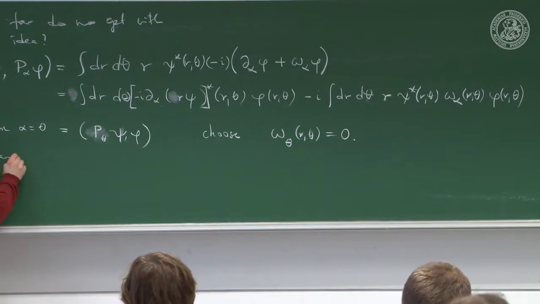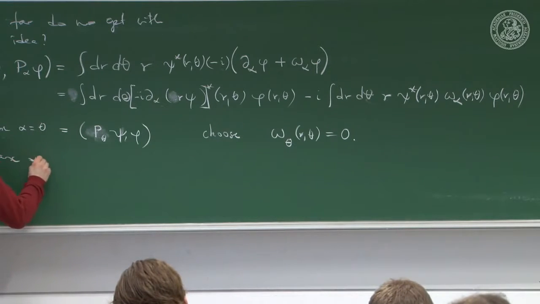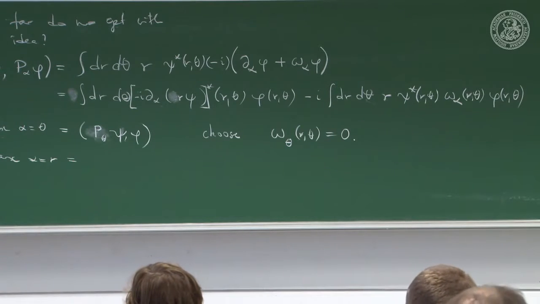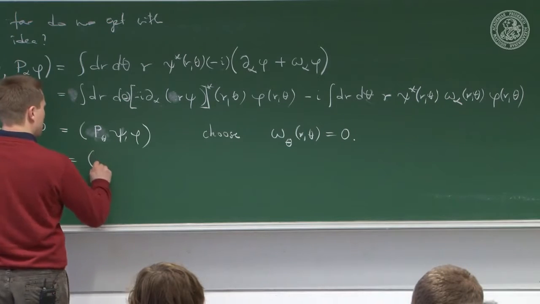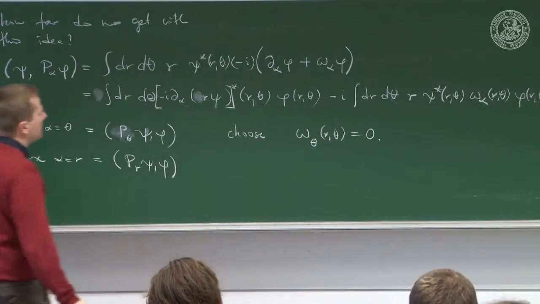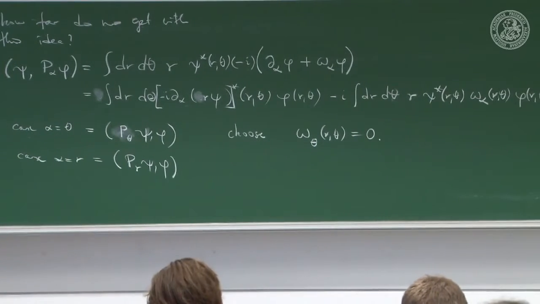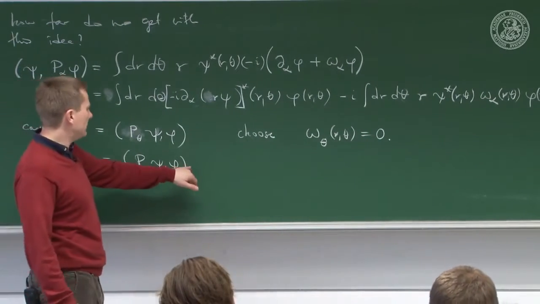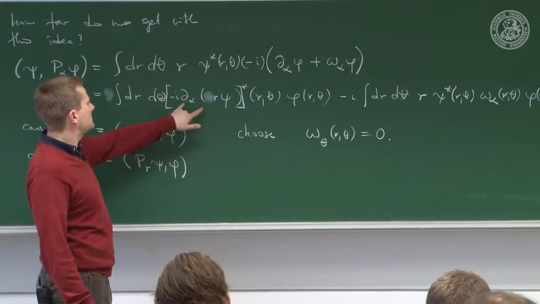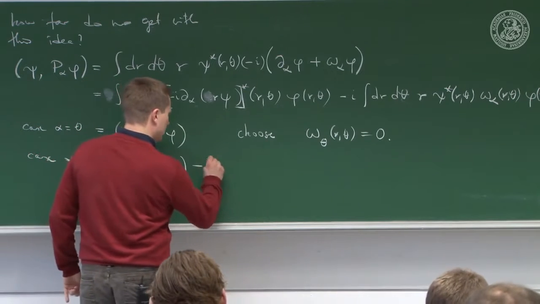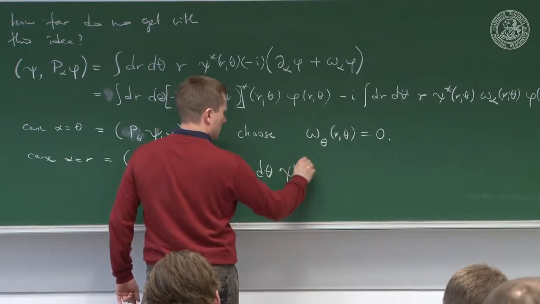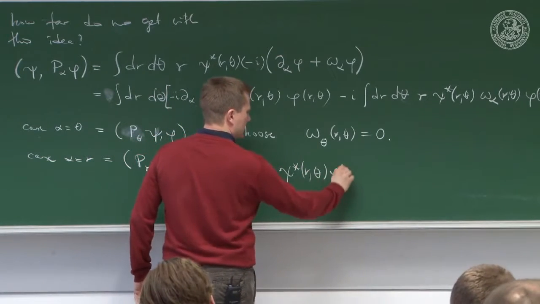But then we have the case alpha equals r, and then unfortunately I erased it, but you know this also gives you a P r psi, comma phi, but there was a correction term, which maybe you could tell me again what the correction term was we had before for this. Minus I. Yeah. Exactly. Thank you. Yes, that was it.